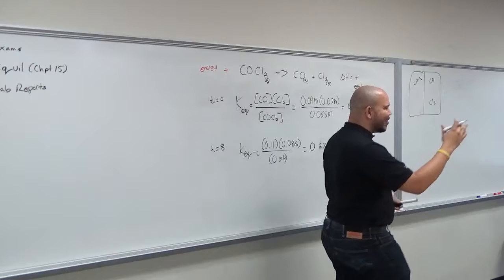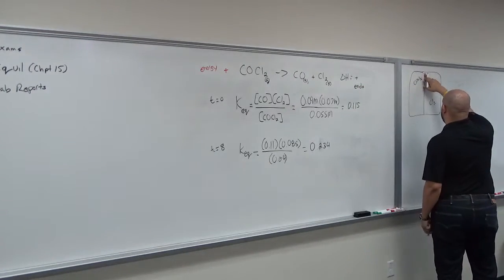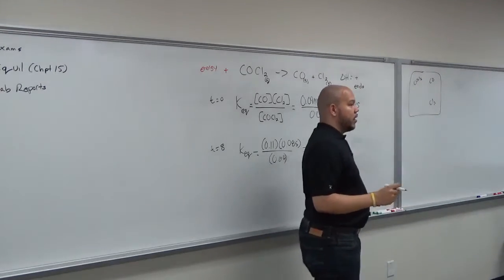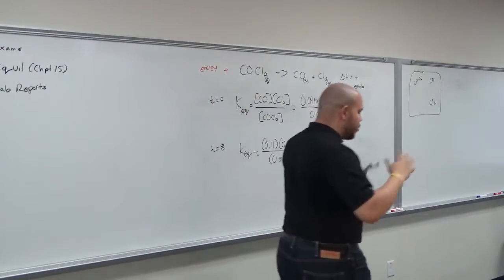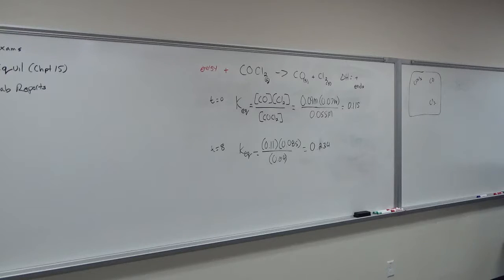So at time 4, let's say that we open this vessel up, and now we have reactions occurring. So they're trying to show you that something is happening at 4, and it had to be the introduction of reactants to products to start equilibrium.